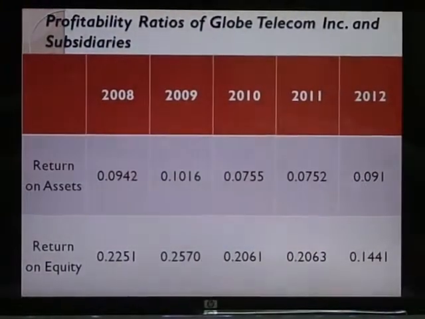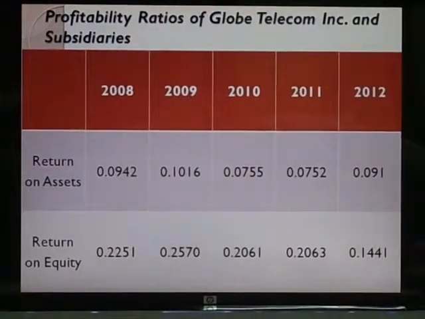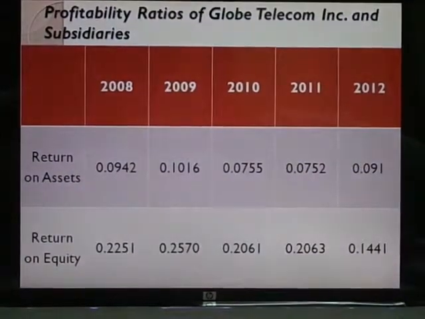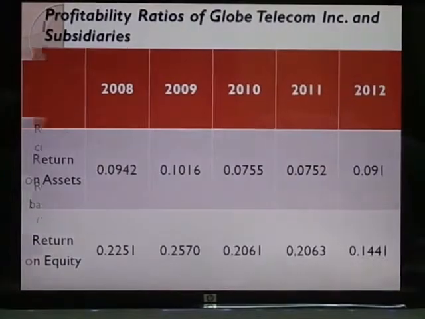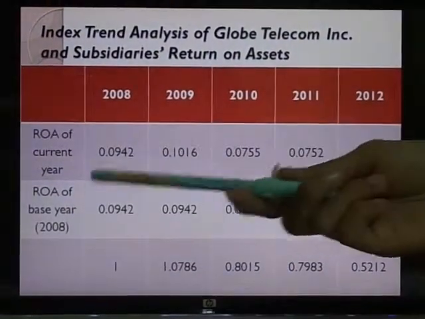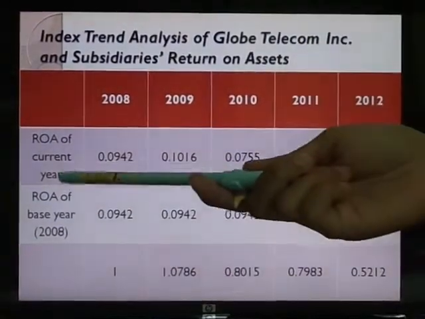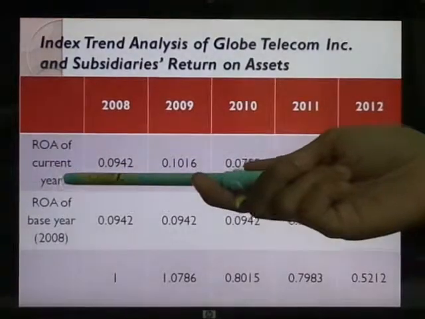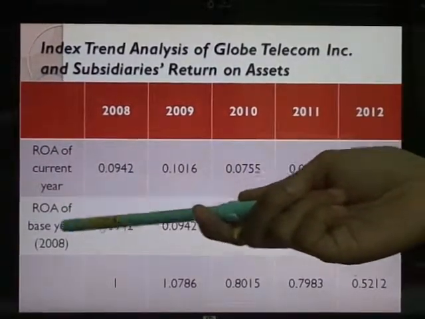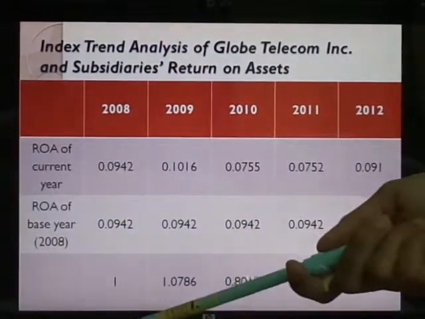And in terms of profitability, we get the ROA, the return on assets, and the return on equity. So for the return on assets, I use again the current year over the base year. The ROA of the current year, I divide it by the ROA of the base year, which is 2008.